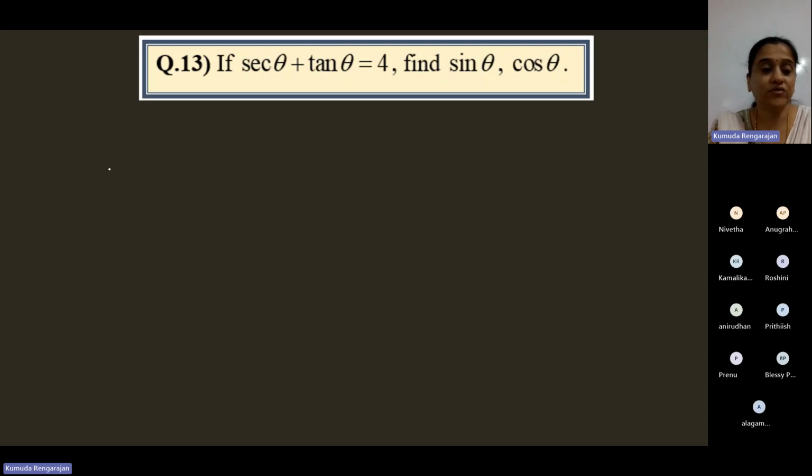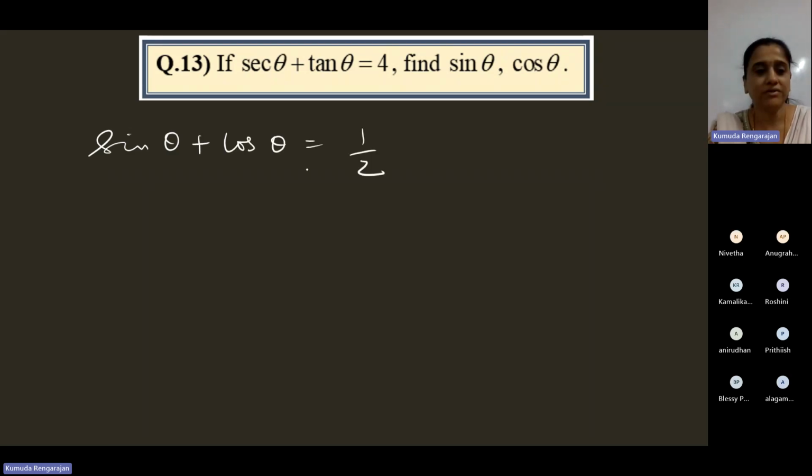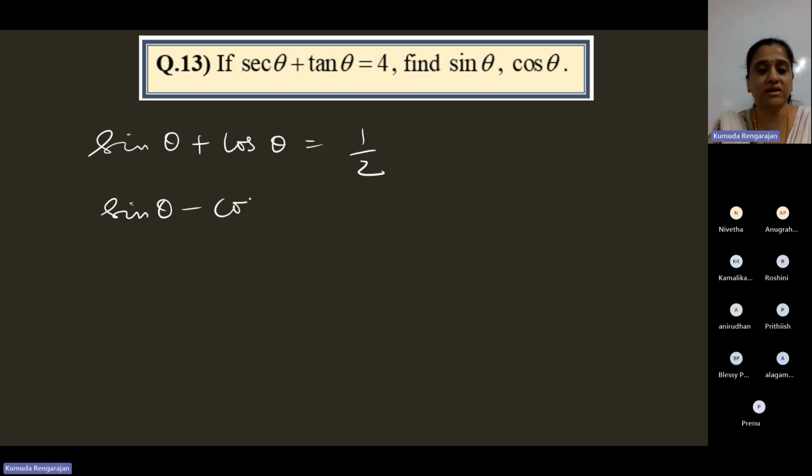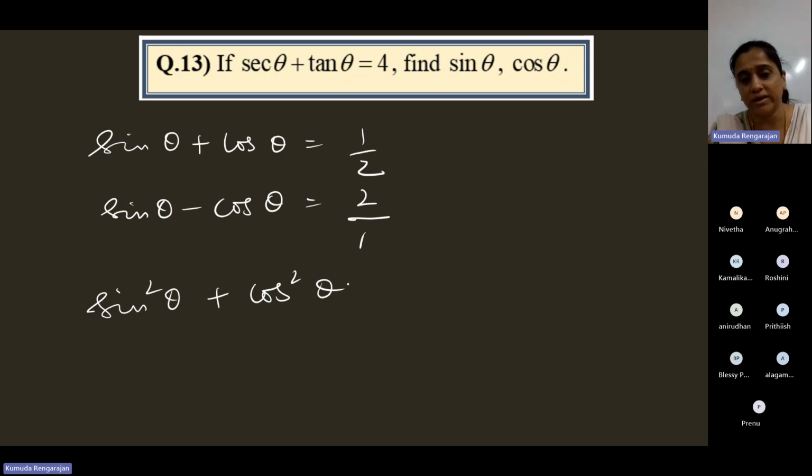But if sine theta plus cos theta is 1 by 2, then sine theta minus cos theta is not 2 by 1. Because there the identity is not of the form a square minus b square. It is sine square theta plus cos square theta is equal to 1. So the reciprocal does not apply, because the identity is not of the form a square minus b square, it's a square plus b square.